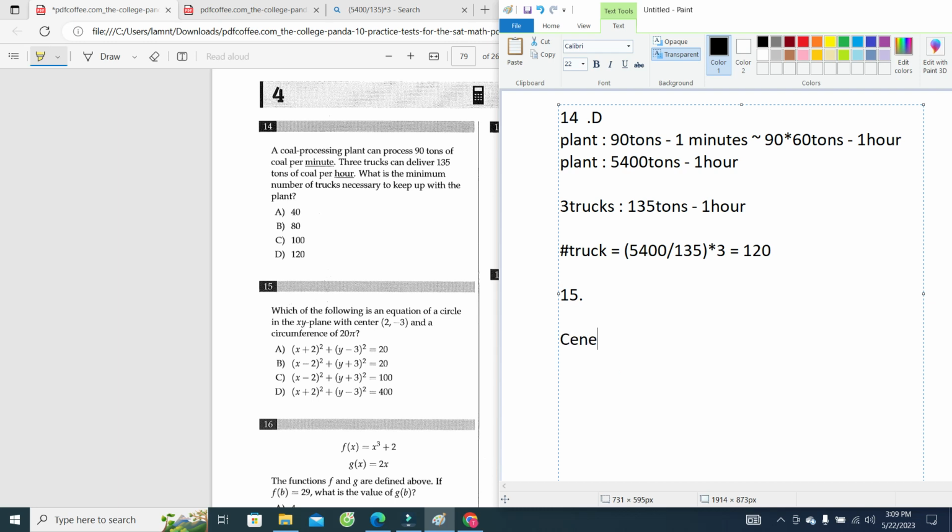So if the center of a circle is (a, b) and the radius is r, the equation is going to be (x minus a) squared plus (y minus b) squared equal to r squared. So that's the equation of the circle.